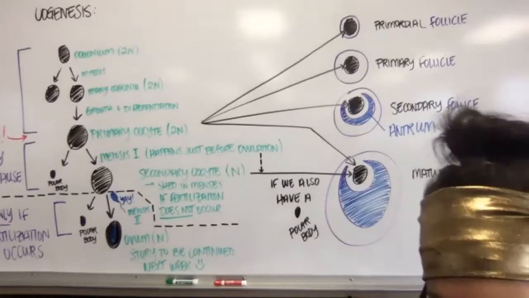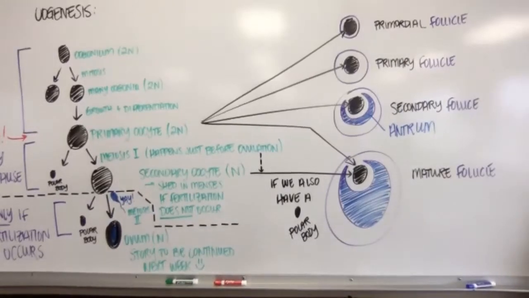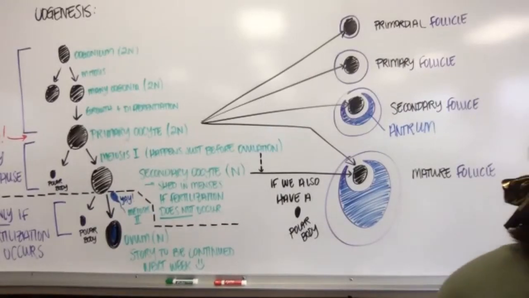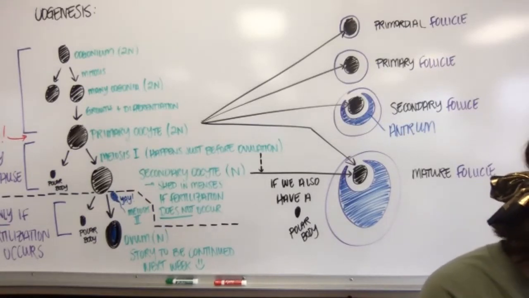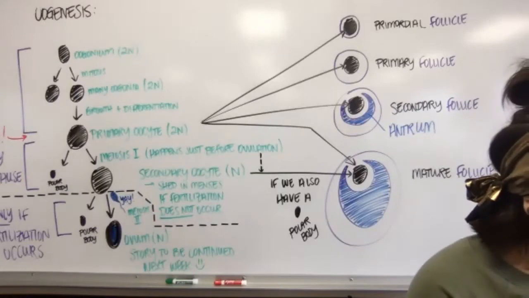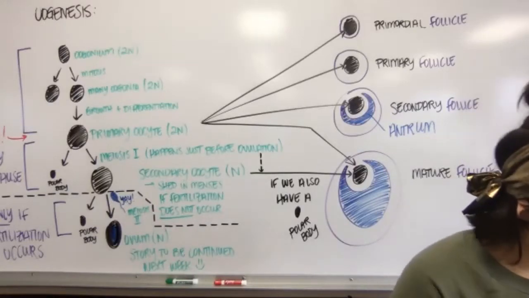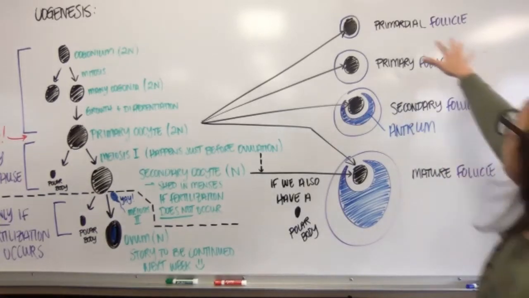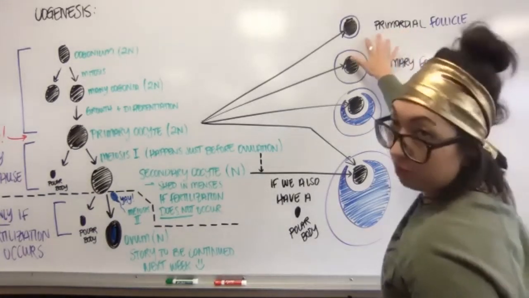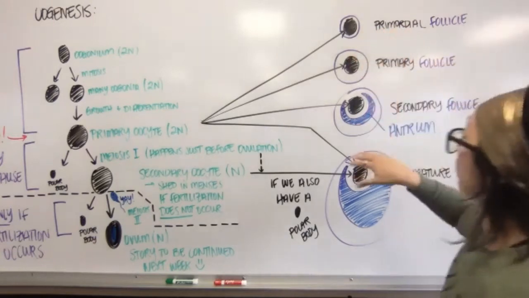That is the antrum. The other thing about these follicular cells, by the way, all of this is happening within the fetal period, so this growth right here.